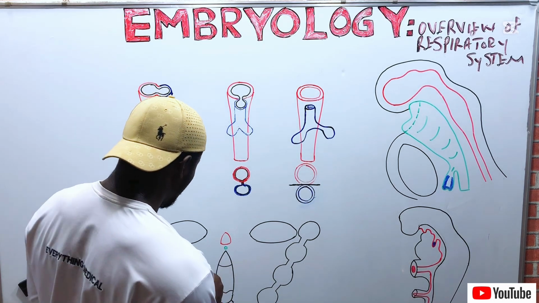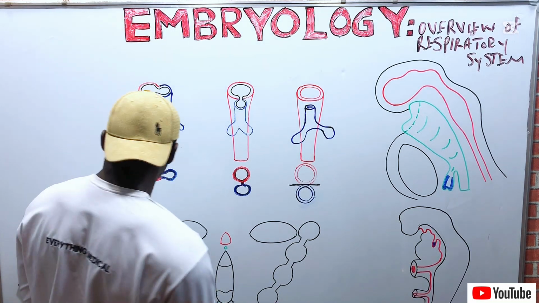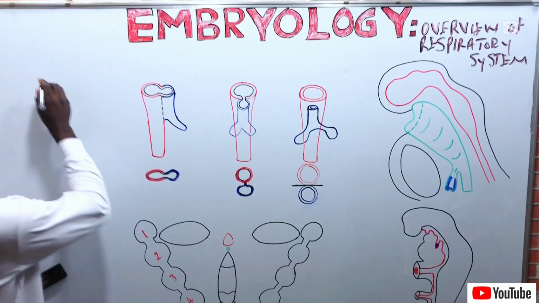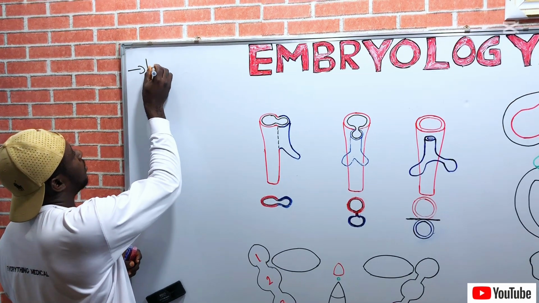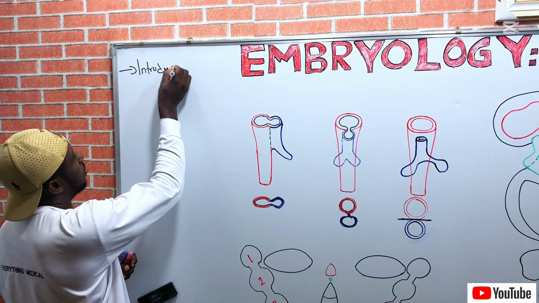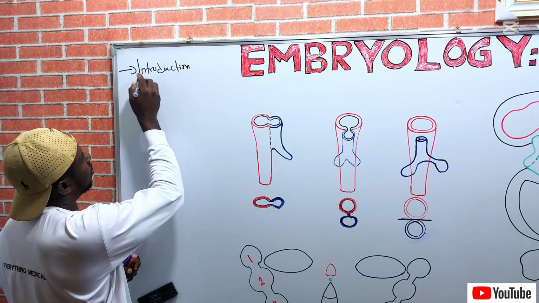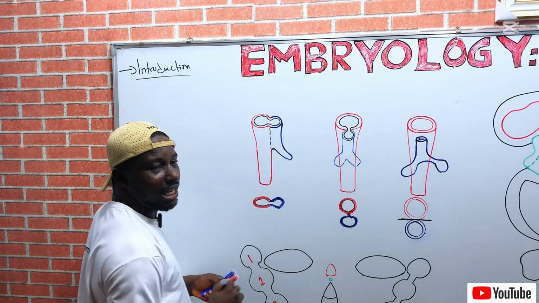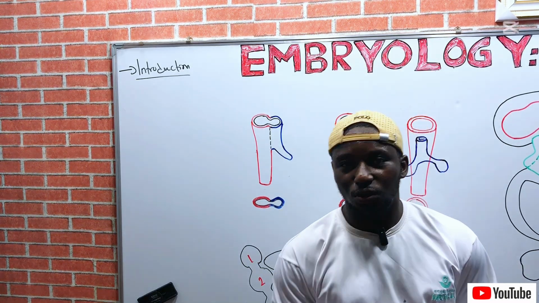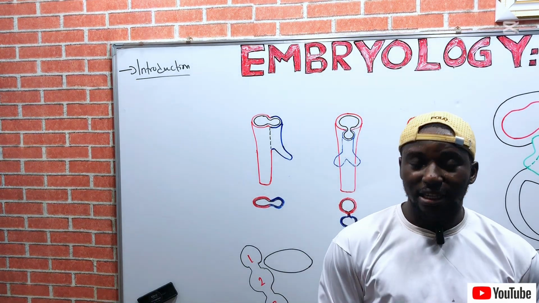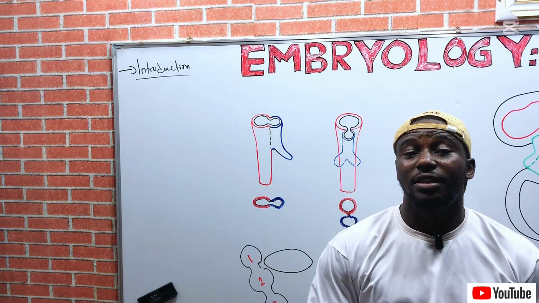Now, we shall be starting with the introduction. You have to understand that the respiratory system is divided into two. We have the upper respiratory tract and the lower respiratory tract.